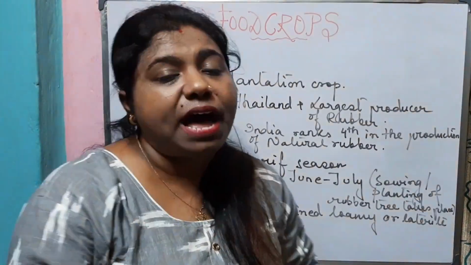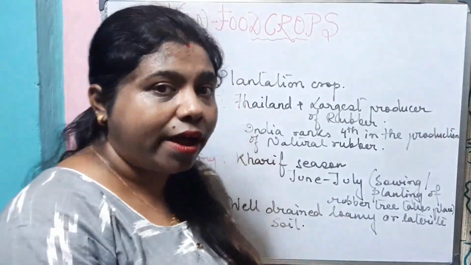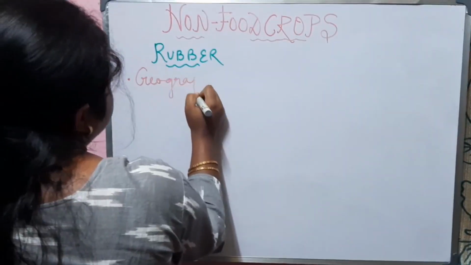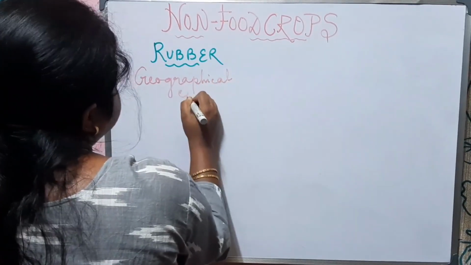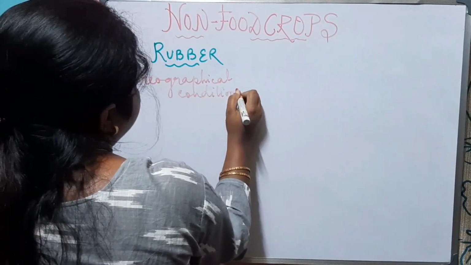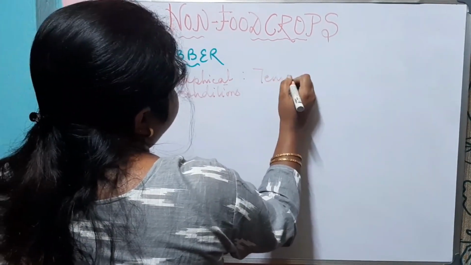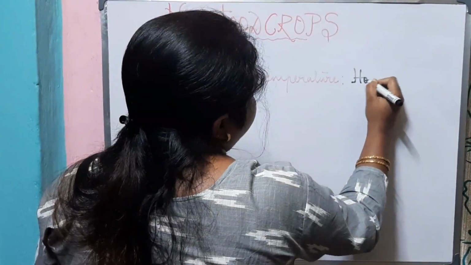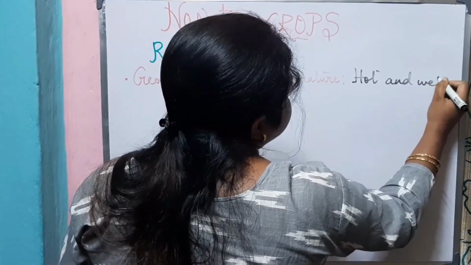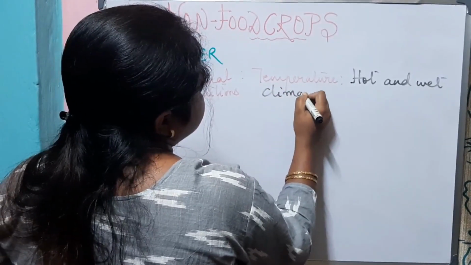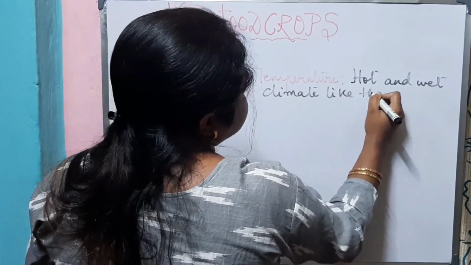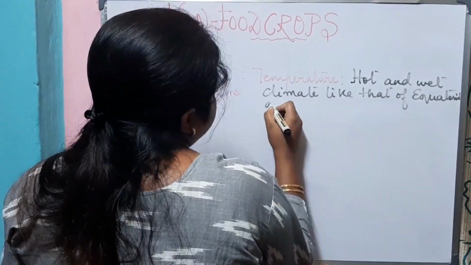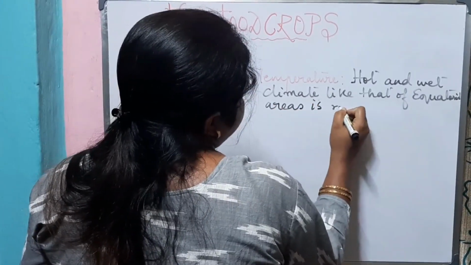Now let us know about the geographical conditions required for the growth of rubber. Coming to the temperature, for the growth of rubber, a hot and wet climate like that of the equatorial areas is required.